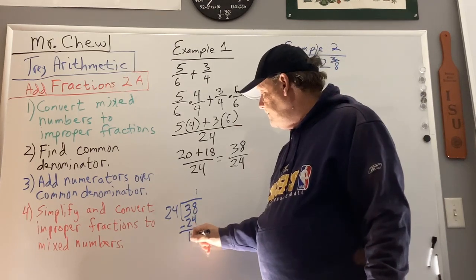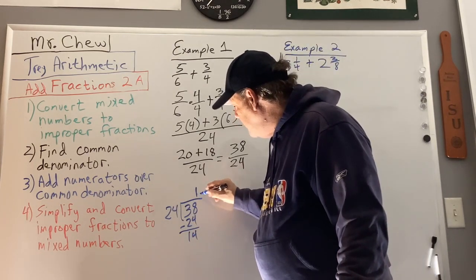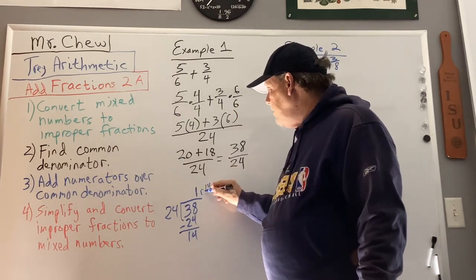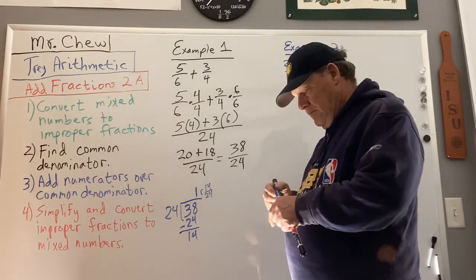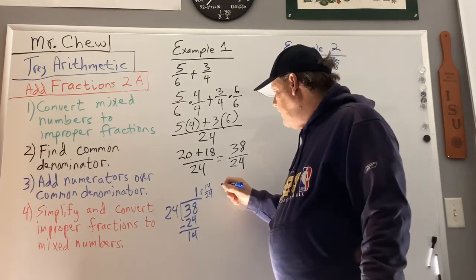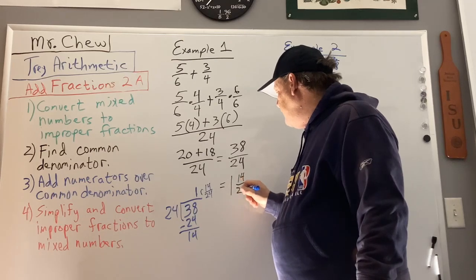Subtract that out. So the answer is 1 remainder 14. And you put that remainder 14 over the divisor. So 38 over 24 equals 1 and 14/24.